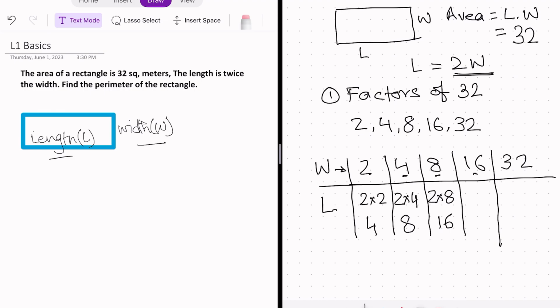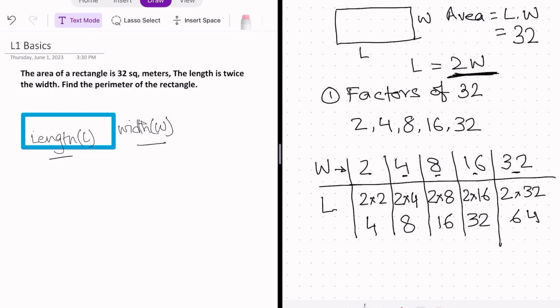If width is 16, then length will be twice 16, which is 32. And if width is 32, the length will be 2 times 32, which is 64. Right? So any of these combinations of width and length will give me a situation that meets this condition.